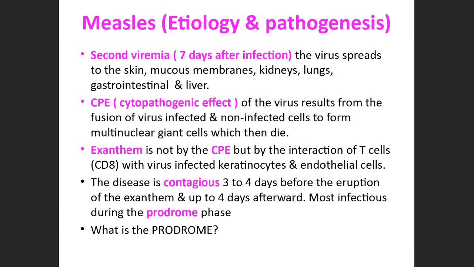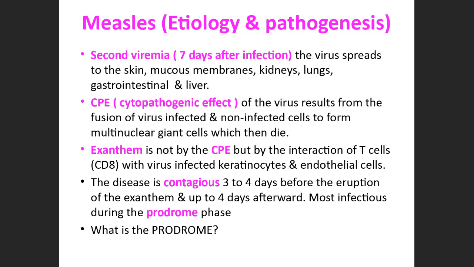It results from the fusion of virus-infected and non-infected cells. All these cells combine to form a mesh-like structure. Huge multinucleated giant cells are formed, and later on they definitely get killed. This is typical of viruses, the cytopathogenic effect.